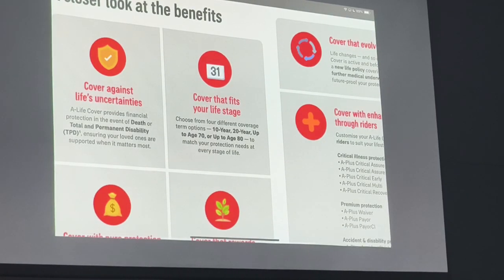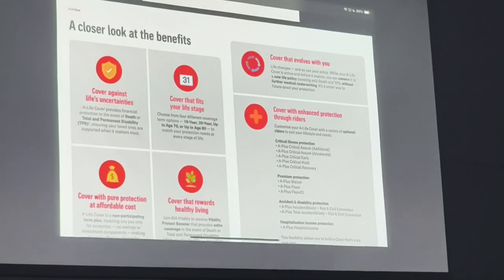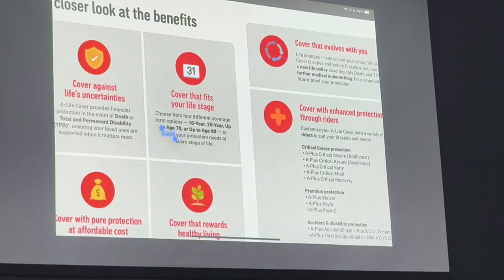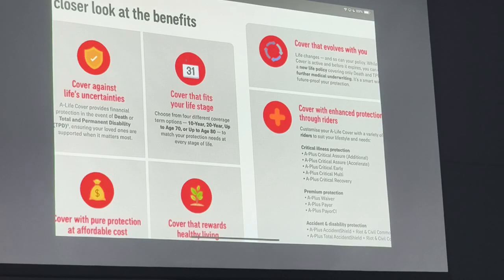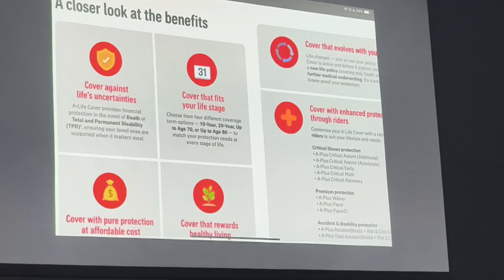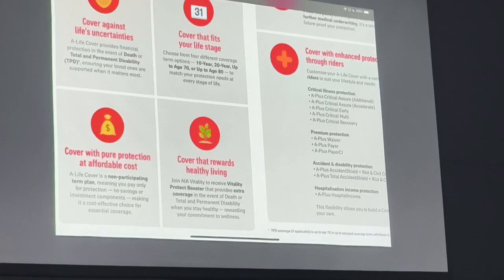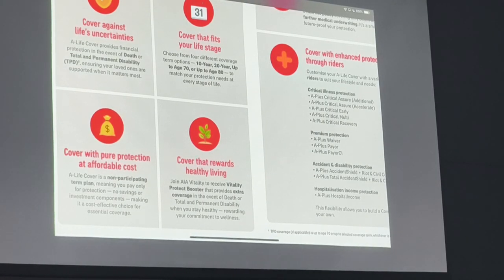So the coverage options here are 10 years, 20 years, up to age 70 or up to age 80. So the client can choose either to cover up to age 70 or 80. This is a non-participating term plan.